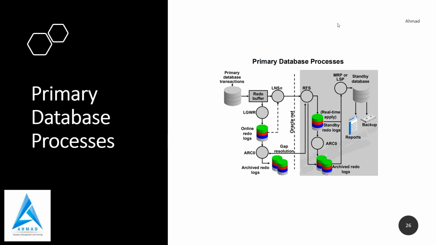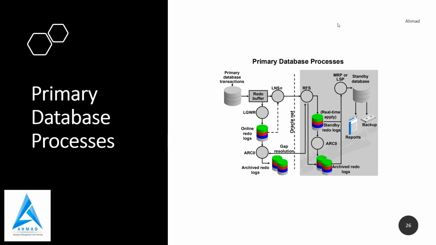If you use the optional DISCONNECT FROM SESSION clause, then the MRP background process starts. If you use the Data Guard broker to manage your standby database, then the broker always starts the MRP background process for a physical standby database. So that is the difference, right?